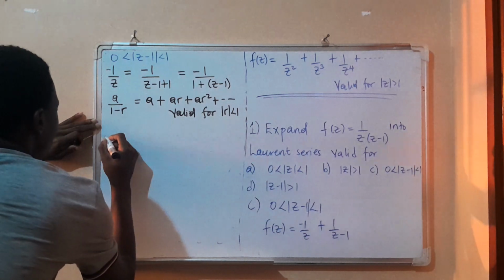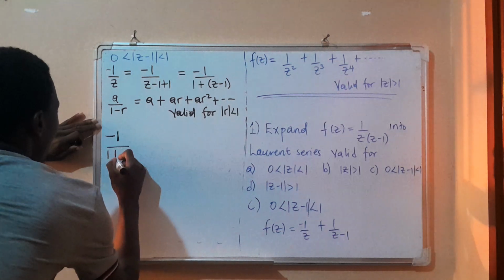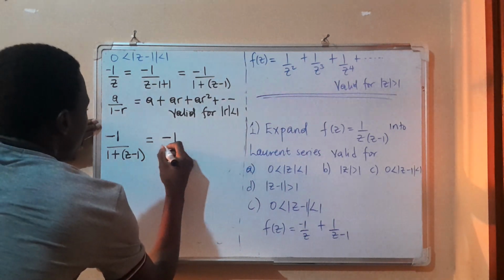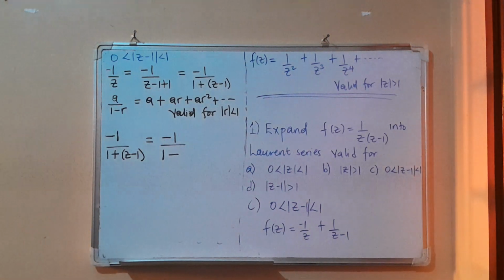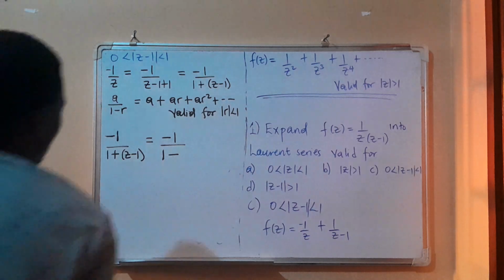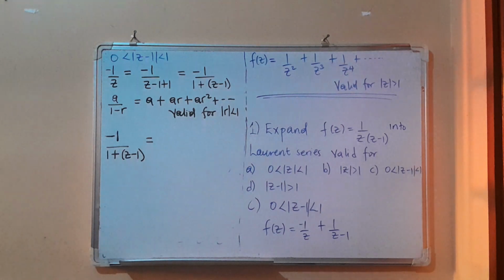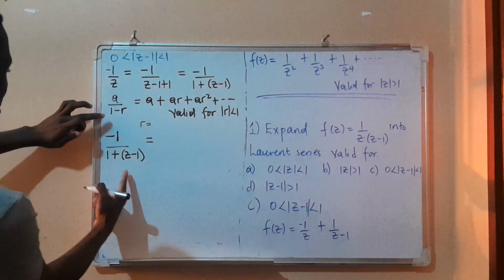So we have negative 1 over 1 plus z minus 1. I can write this as negative 1 over 1 minus negative z minus 1. So what is our common ratio in this case? Our common ratio r is equal to, you just compare this with this.